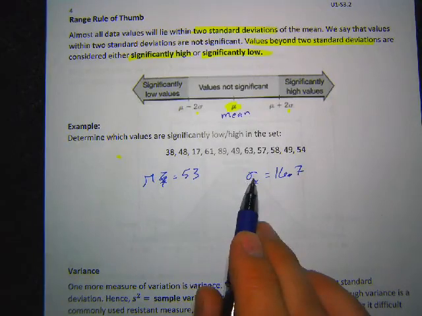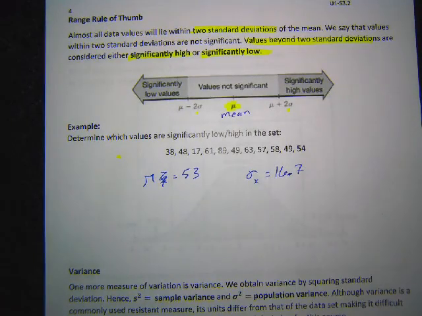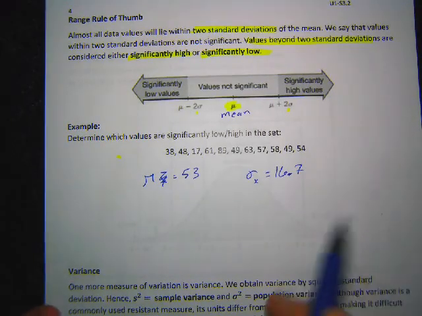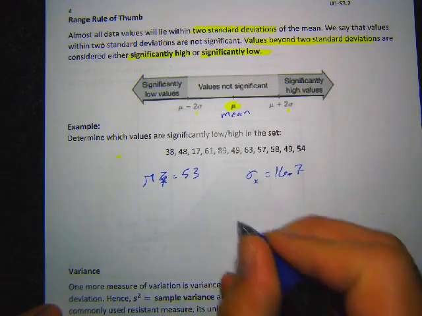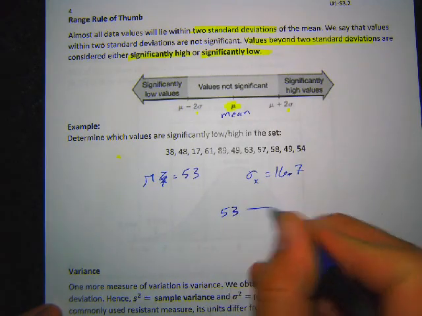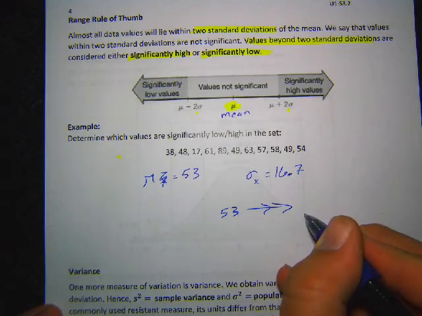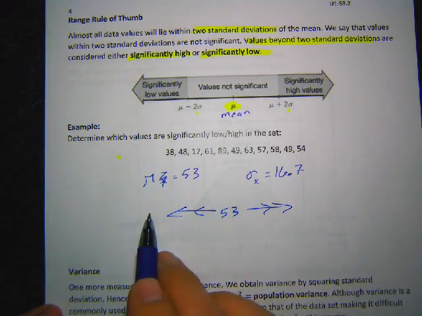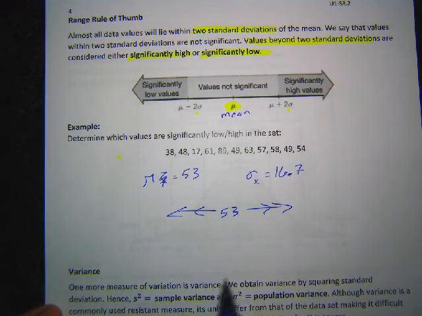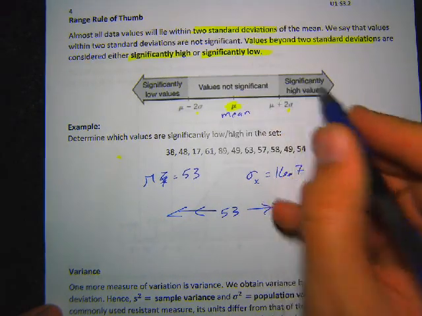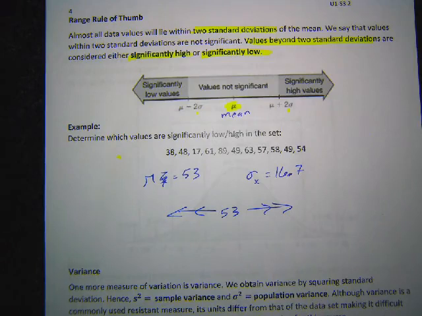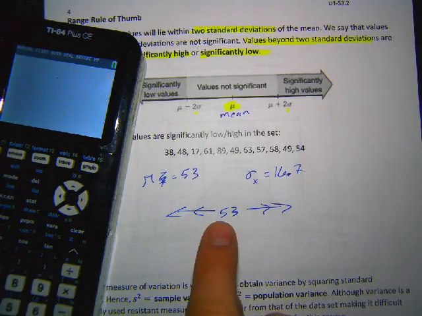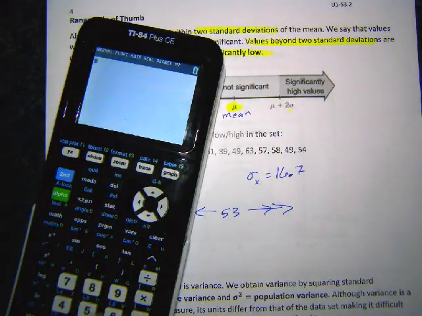Now we can figure out if any of these values are significant, or unusual, by taking the mean, 53, putting it in the middle, and going out 2 standard deviations up and down to find the cutoff points, where the weird stuff begins. So I take 53 and add 2 of these 16.7s.